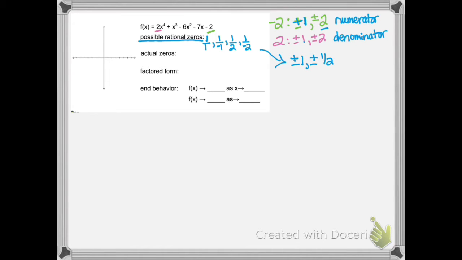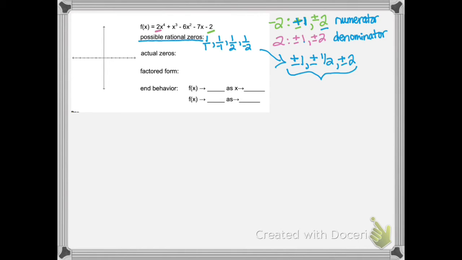I'm going to put 2 over 1. And then if I go 2 over 2, well, that's just 1. So this is my list of all the possibles. Yes, you could write them out individually like I started to, but hopefully you can see that that's a little bit more than we need to do. So there are 6 numbers in this list.